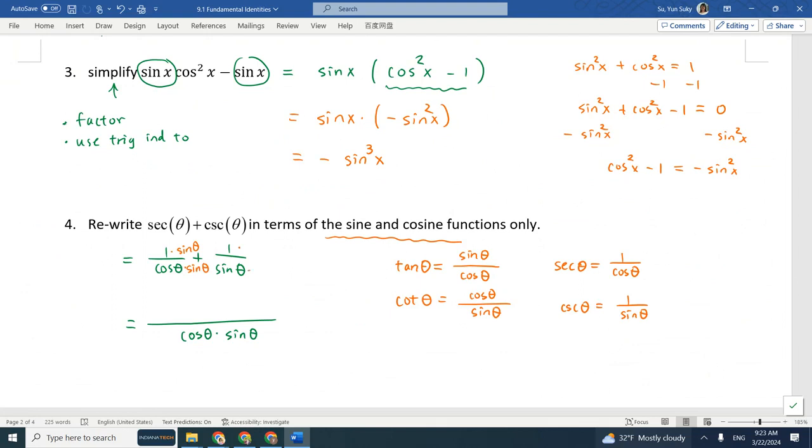The second fraction is multiplied by cosine theta. This is how you add fractions. You don't add the numerators over the added denominators. You find the common denominator, then multiply the appropriate factor by the numerator and denominator so you have the same denominator. Then you can add the corresponding numerators. So what is the numerator?